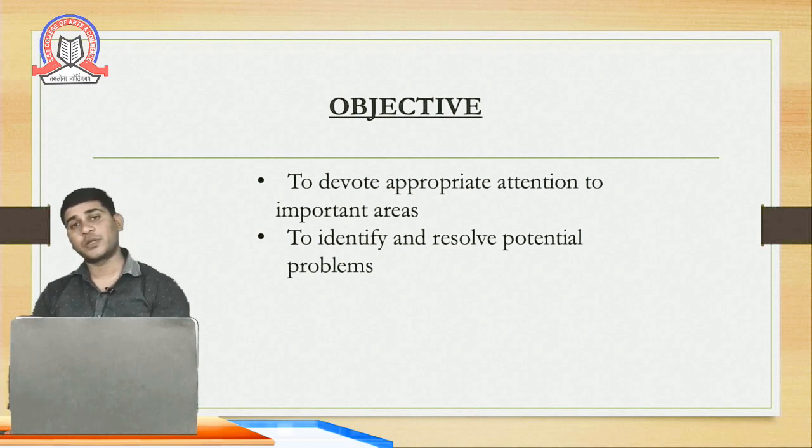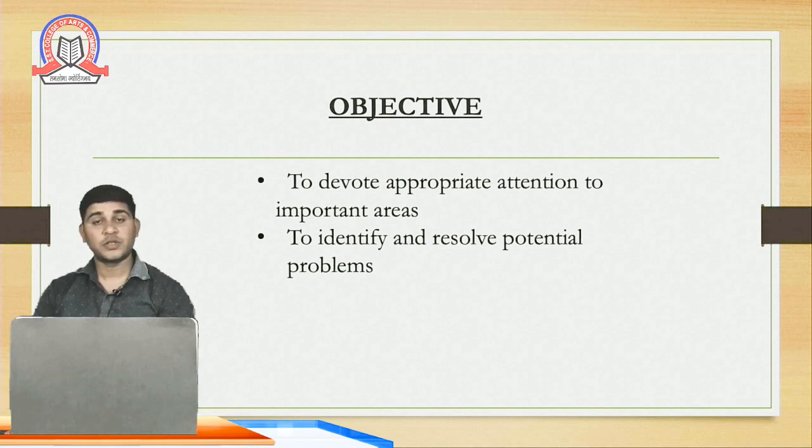Such types of transactions the auditor must check first of all. So the areas of such transactions, the number of such transactions. To devote proper attention to the important areas, the auditor finds out and analyzes which areas are important. The analytical study of those areas is done by the auditor in audit planning.